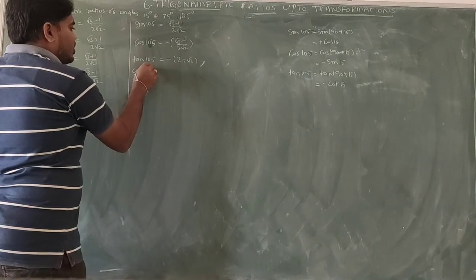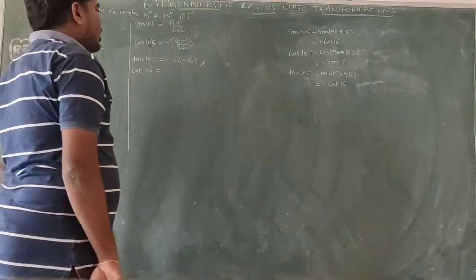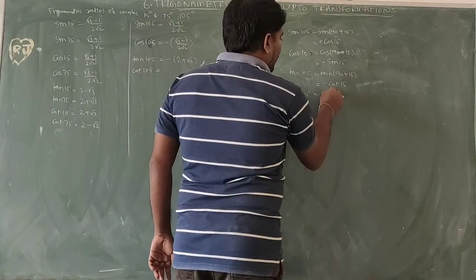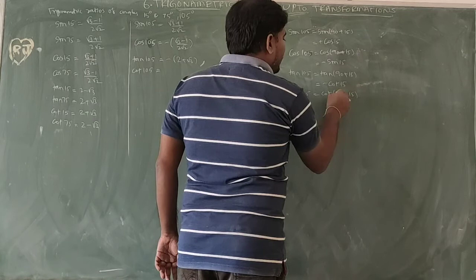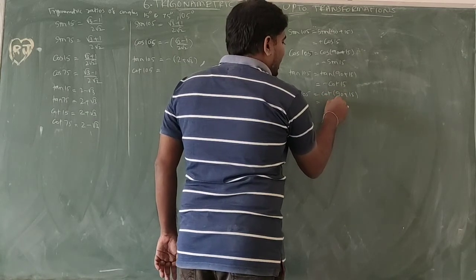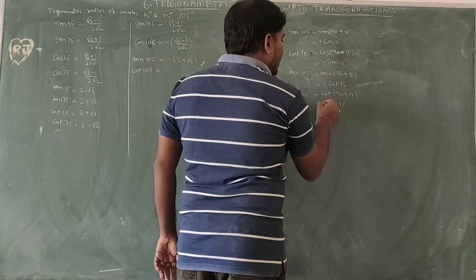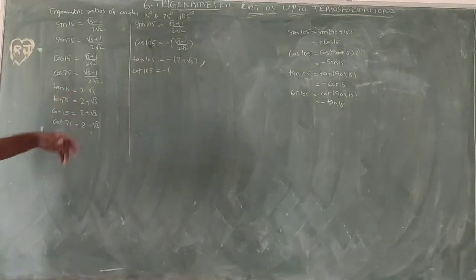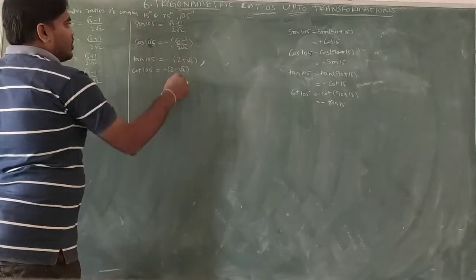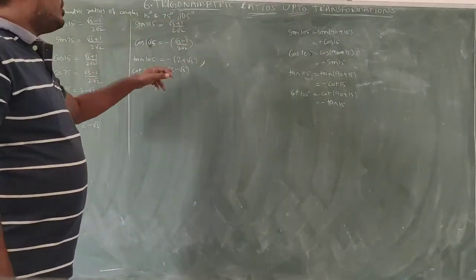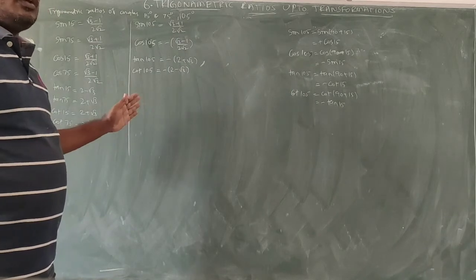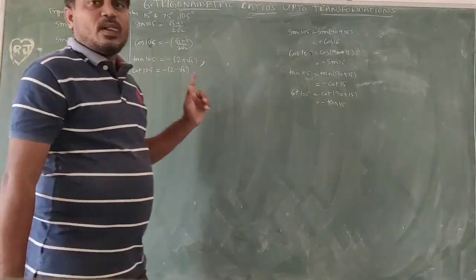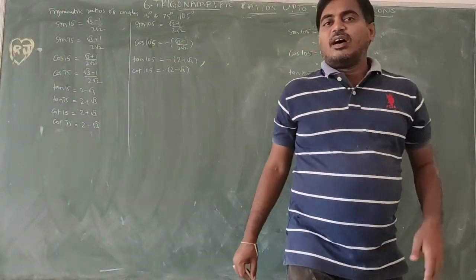Cot 105 equal to cot of 90 plus 15. Since it is 90, cot will become tan 15. In the second quadrant, cot is negative, so minus tan 15, which is minus of 2 minus root 3. Of course, we need not remember these 105 degree values, but we must remember the 15 degree and 75 degree values, and all the previous formulas.